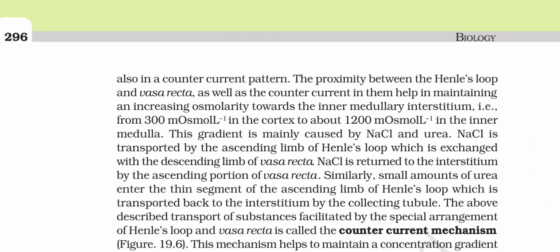The proximity between the Henle's loop and vasa recta as well as the countercurrent in them help in maintaining and increasing osmolarity towards the inner medullary interstitium, that is from 300 milliosmoles per liter in the cortex to about 1200 milliosmoles per liter in the inner medulla.